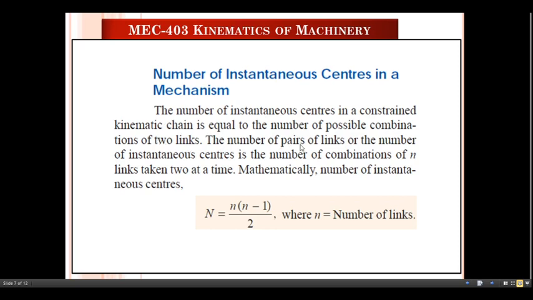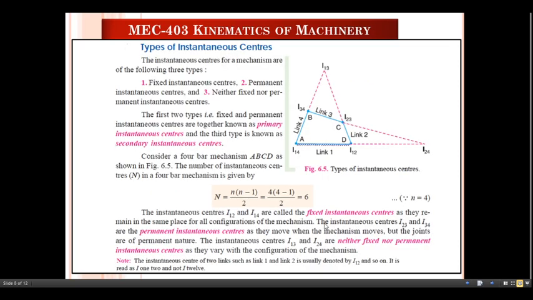The number of pairs of links, or the number of instantaneous centers, is the number of combinations of n links taken two at a time. Mathematically, the number of instantaneous centers is calculated as N equals n into (n minus 1) divided by 2, where n is the number of links.